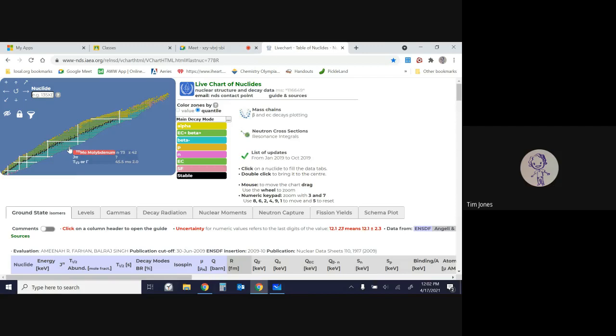But the thing I want to show you right now that's interesting is the black boxes are the stable ones, the ones that aren't radioactive or aren't likely to change. Notice down here, the angle of this graph, and the graph is the ratio of protons versus neutrons. You'll see it's roughly 45 degrees right here at the beginning, which means it's a 1 proton to 1 neutron ratio.